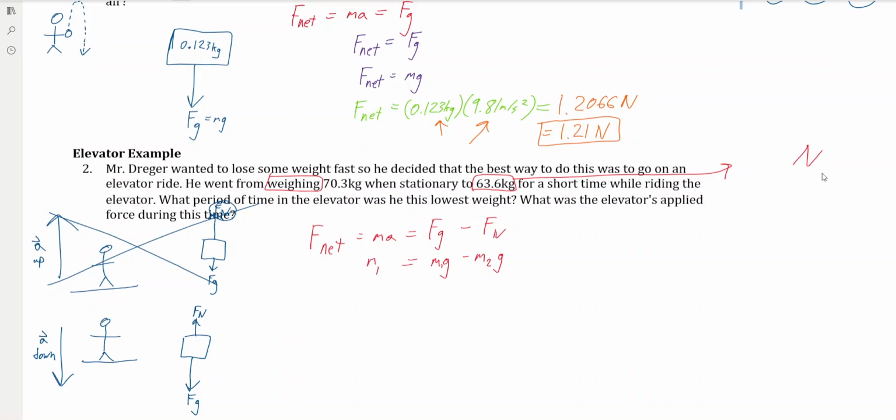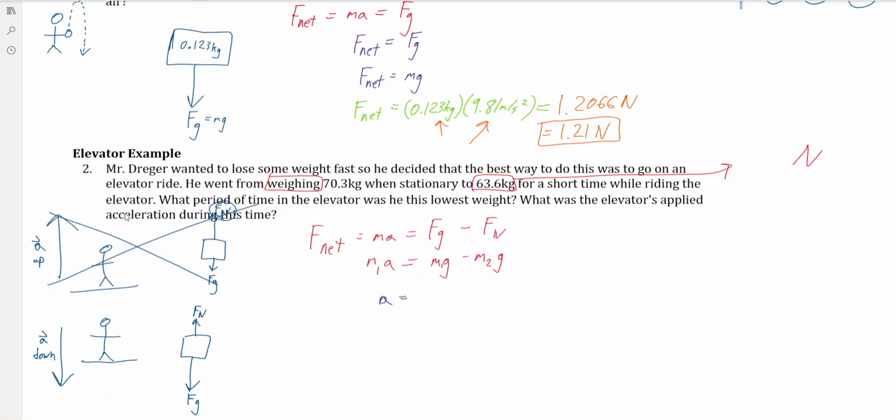And then what we're going to do is try to find, what was the elevator's force during this time? Let's say, actually, what was the elevator's acceleration during this time? That's a better question. Because now we can rearrange to solve for a.